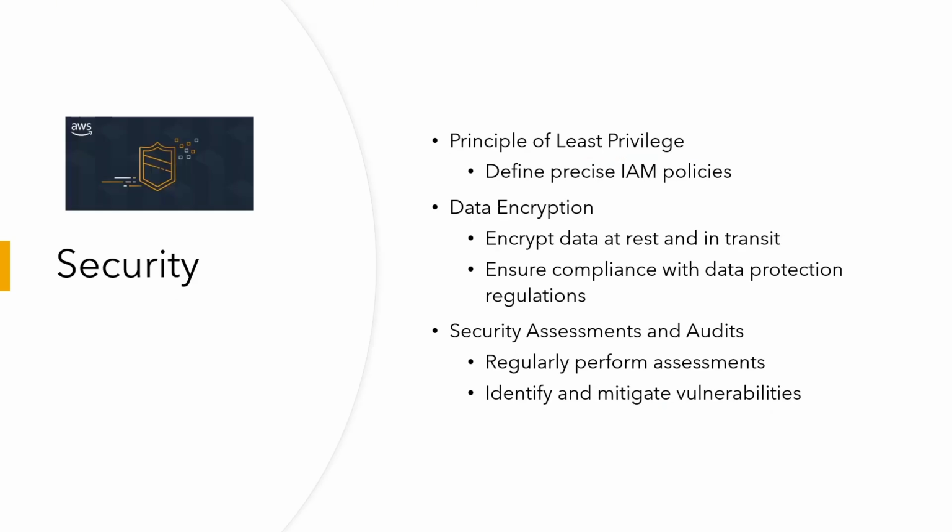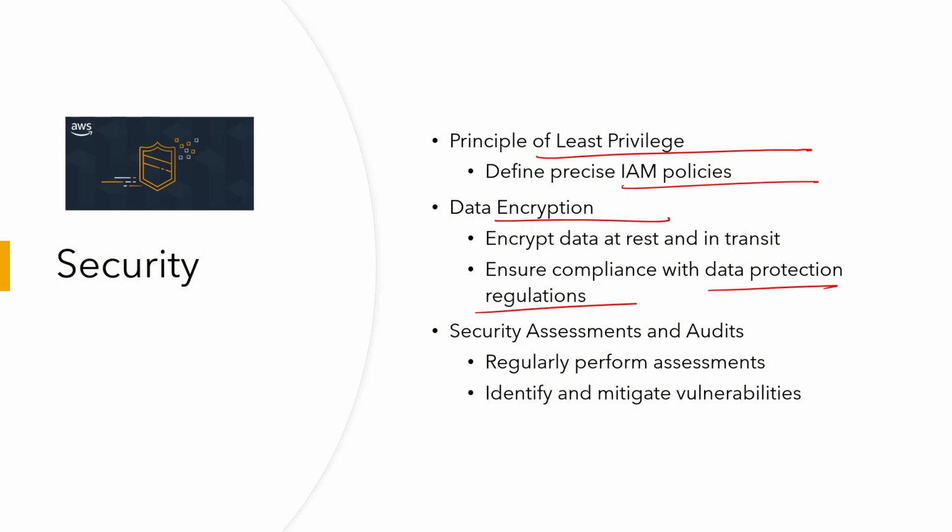Security here would allow us to implement things like the principle of least privilege through the definition of precise IAM policies. And then we could also implement encryption. We want to use encryption at rest and in transit, ensuring that we are in compliance with different kinds of data protection regulations, for example.